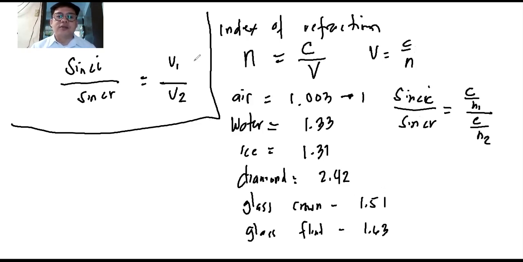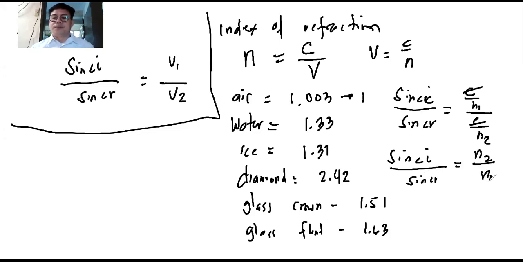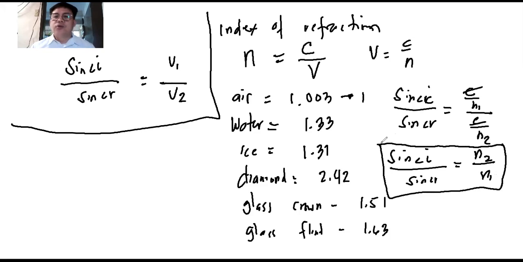We replace this one here with this. Because c is constant, we can cancel it out. So sine angle i over sine angle r is equal to n2 over n1. So this is how Snell's law relates to the index of refraction. Any questions with that?